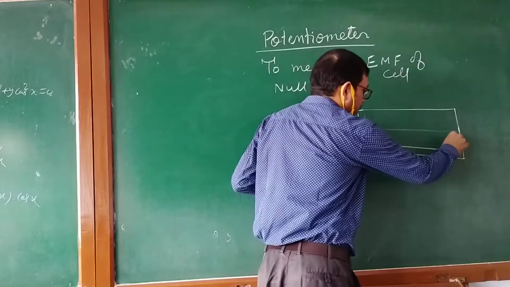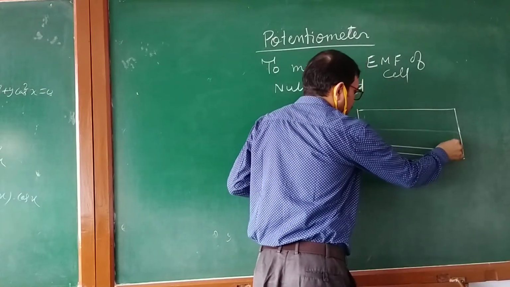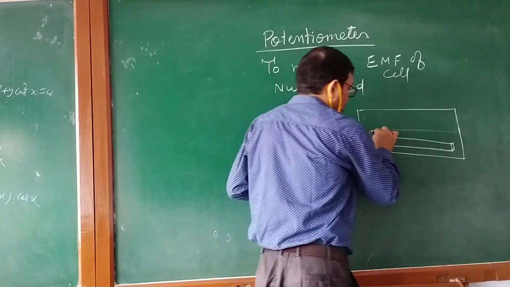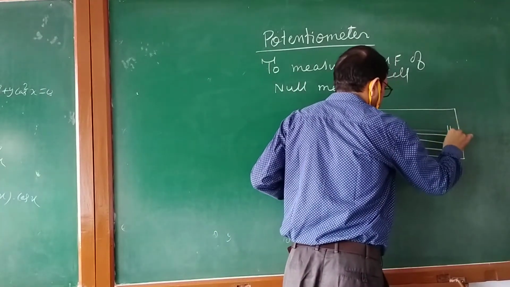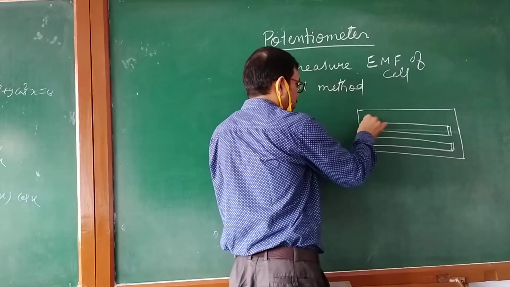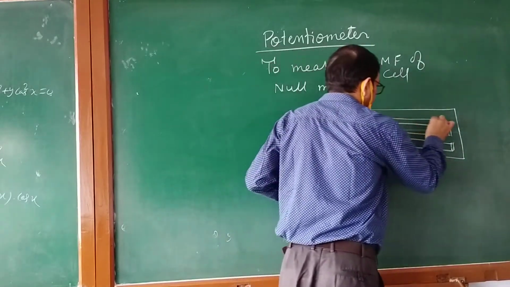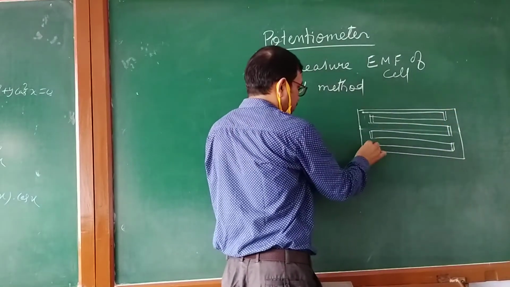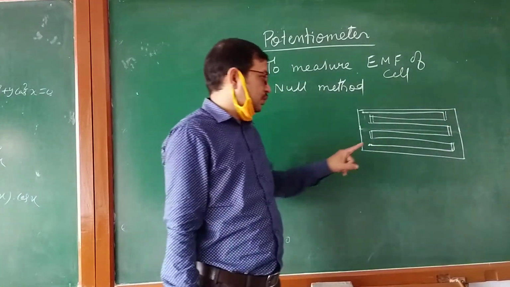Then a copper strip is here, again 100 centimeter. Copper strip is here, again 100 centimeter. Copper strip is here, again 100 centimeter. Copper strip is here, 100 centimeter. So you will get two ends. So how long is this wire?